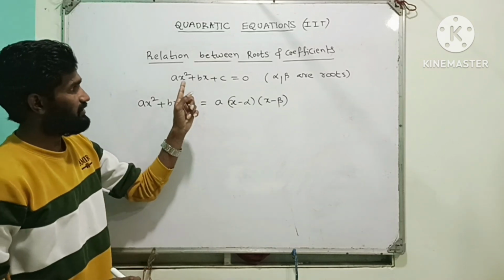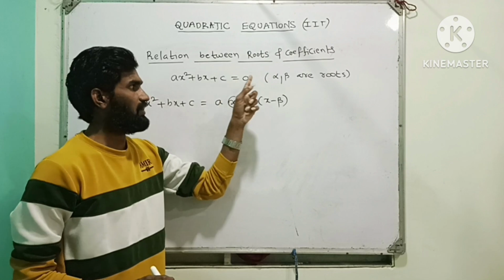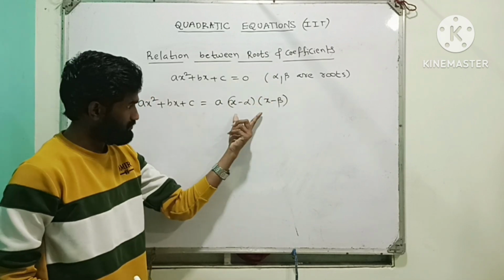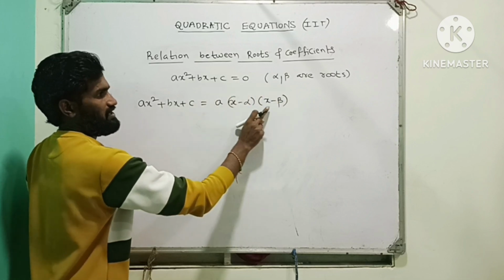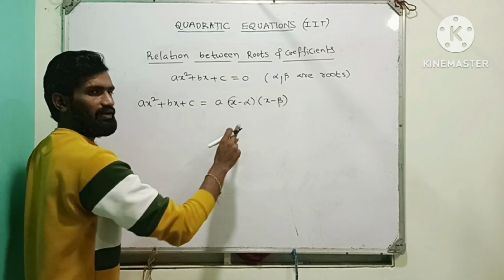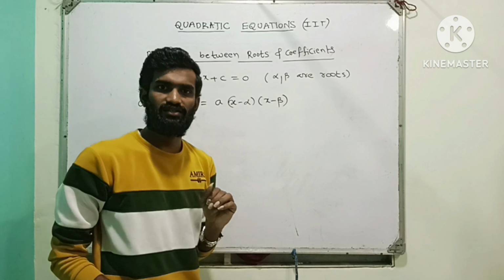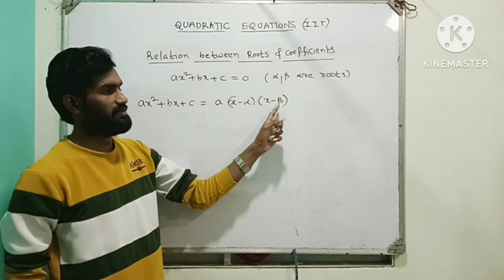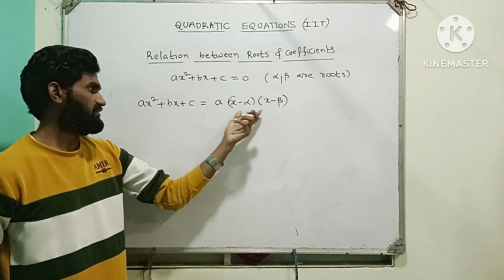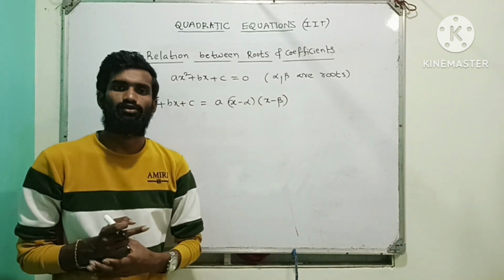For this quadratic equation, alpha comma beta are the roots. If I substitute alpha in this equation, I will get 0 only. If I substitute beta, I will get 0 only. So a into x minus alpha into x minus beta is nothing but ax square plus bx plus c only.